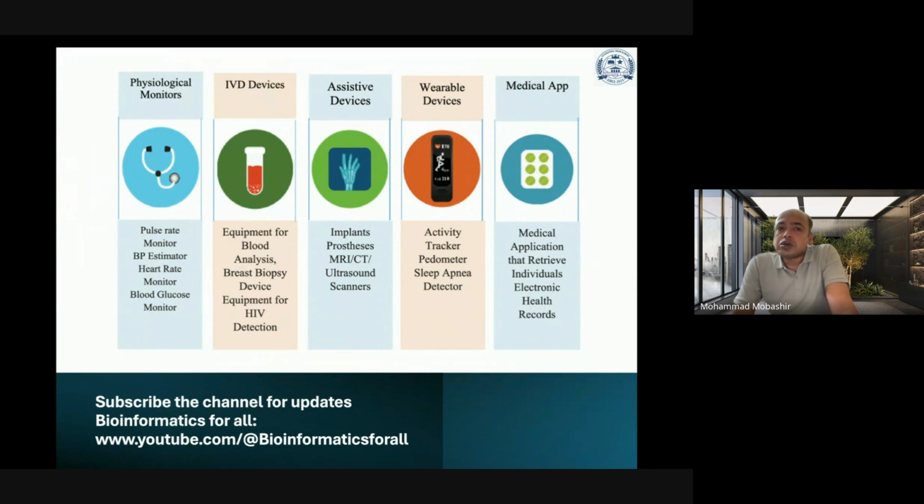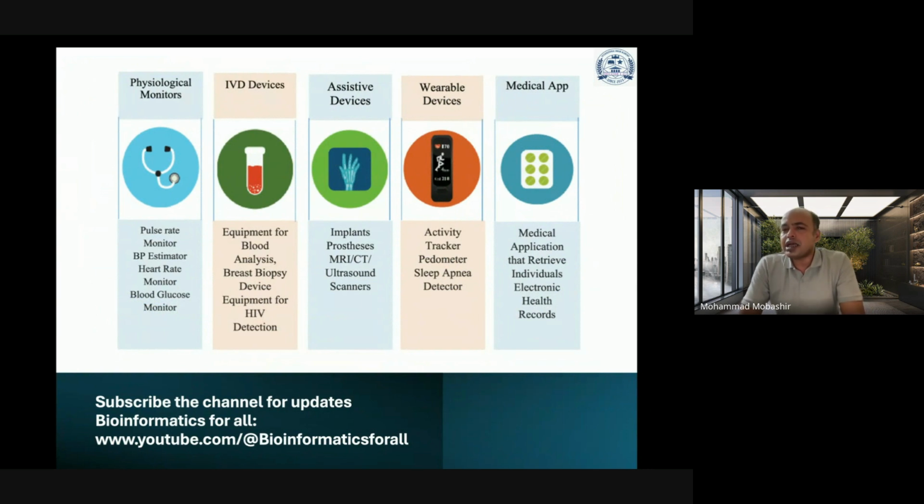Then you can go for IVD devices, equipment for blood analysis, breast biopsy, device equipment for HIV detection. Then assistive devices, implants, prosthesis, MRI, CT scan, and ultrasound scanners. Then wearable devices, activity tracker, pedometer, sleep apnea detector. Then medical application that retrieve the individual's electronic health records. These are the quite common things.